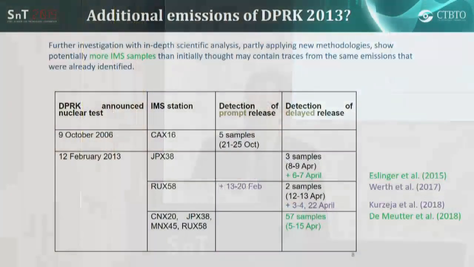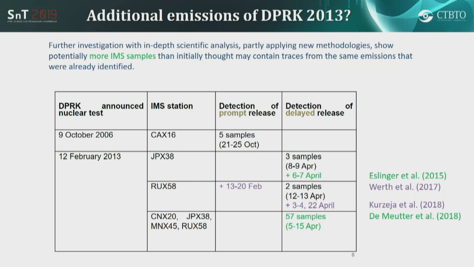In the first case at one IMS station, the system was not fully built up at that time. The second case was detected at two different locations. Some authors claim they found additional IMS signals that are associated, according to their study, with the same two events. So not an additional event, but the same event, in fact, had more signatures left in IMS detections.